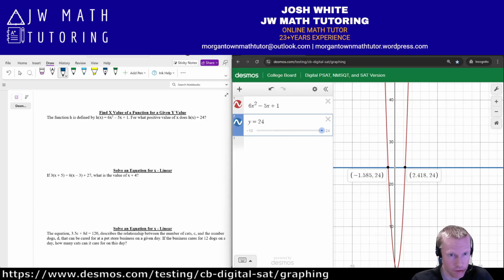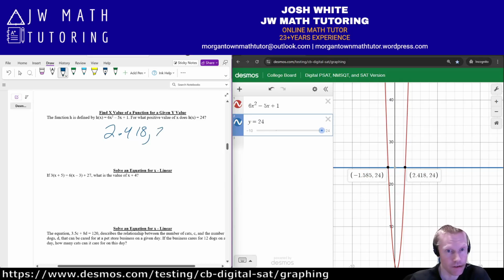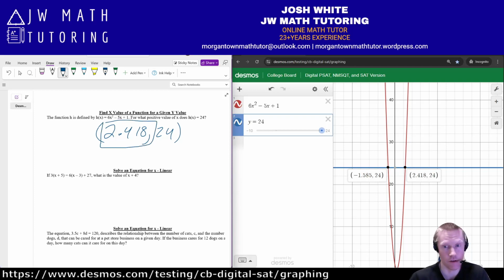That's not going to be the answer because the question specifically says for what positive value, and the other one is the positive. So 2.418 would be the answer that we report. That's the positive value of x, which has a y coordinate of 24. So 2.418, that's our answer. That's all you have to do, and you can move on to the next problem.